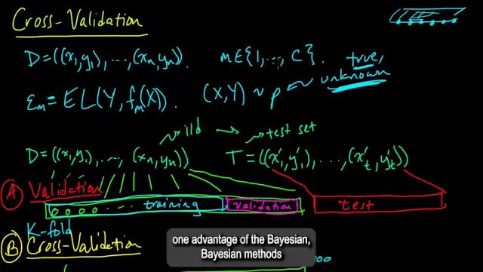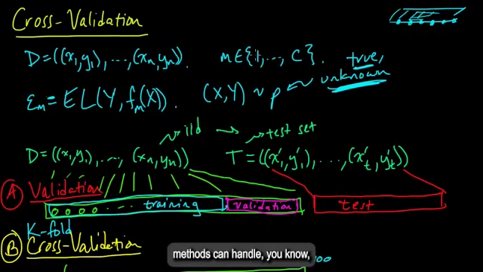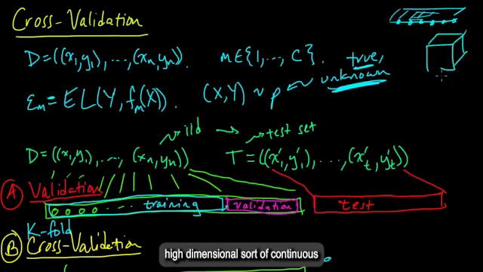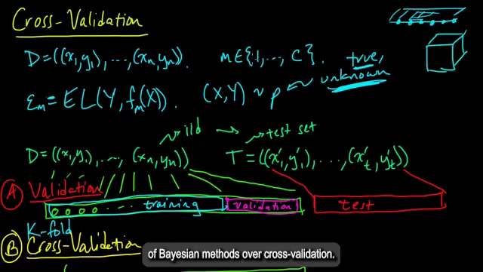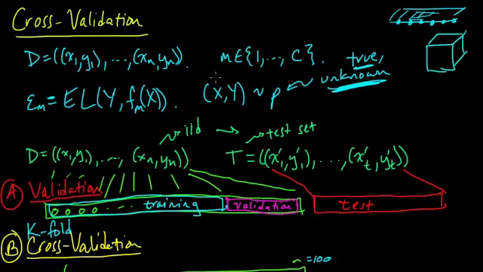And that can be one advantage of Bayesian methods: sometimes they can handle high dimensional, continuous valued parameters in a very natural way. So that can be one advantage of Bayesian methods over cross-validation.